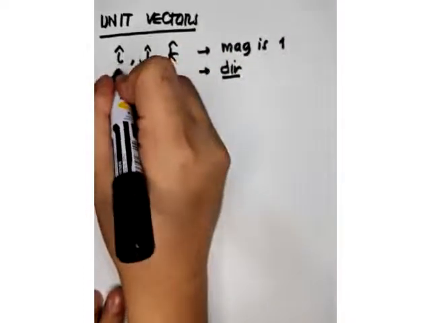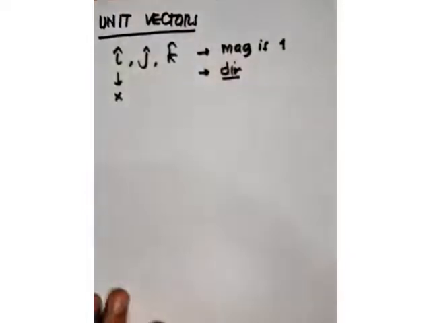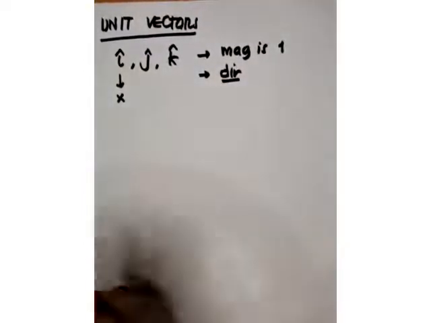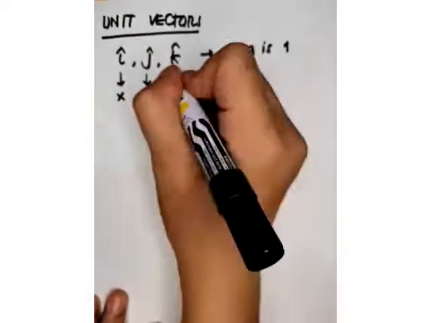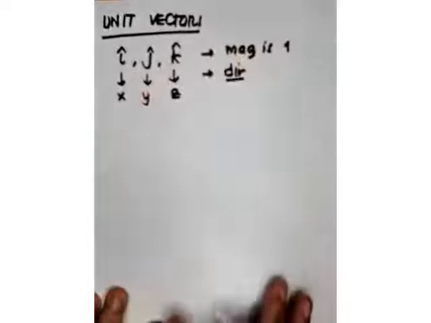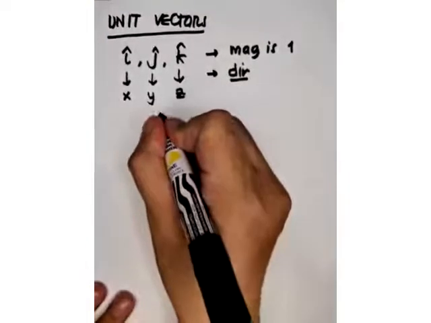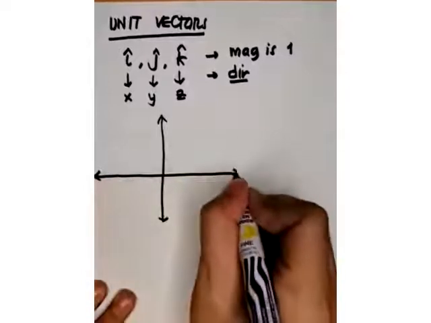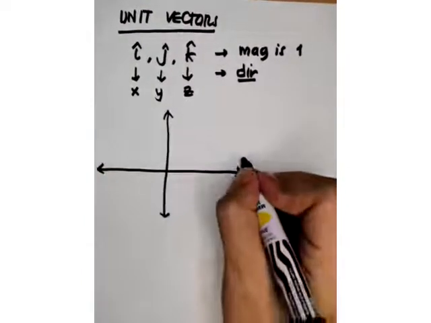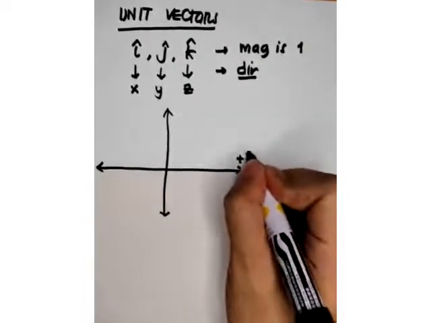At pag nakita nyo sila, ang I denotes the direction along X. So that means that's the horizontal dimension. Okay? At yung J is for Y, at yung K is for Z. Pinagsama-sama ko na kasi baka ma-encounter nyo rin yung third dimension which is yung Z. So if you will plot the three-dimensional plane reference, nandito yung X, pero pagdating sa unit vector, yung X natin ay nagiging I hat.